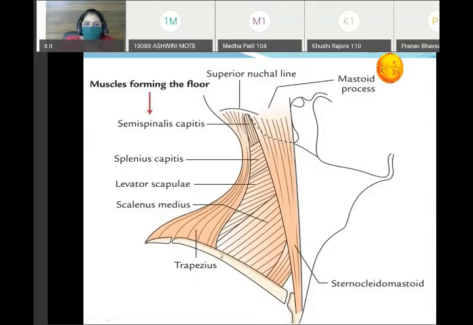Here in this figure you can see this is the sternocleidomastoid, this is the trapezius posteriorly, this is the clavicle. So this is the posterior triangle, and these are the muscles forming its floor. From above downward, there are splenius capitis. All the muscles which are attached to the skull are mostly called capitis.